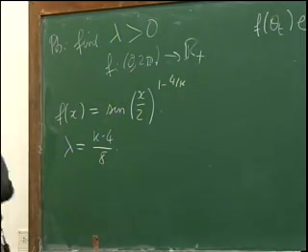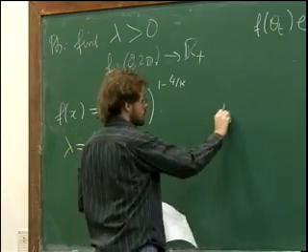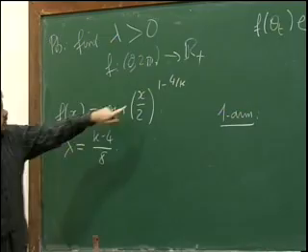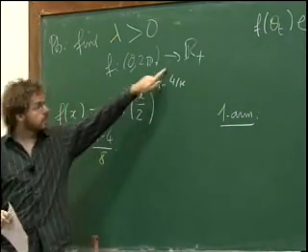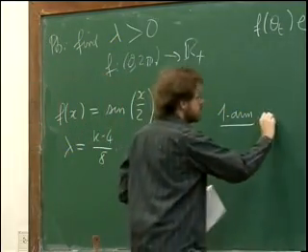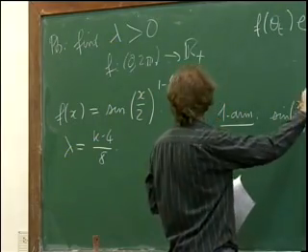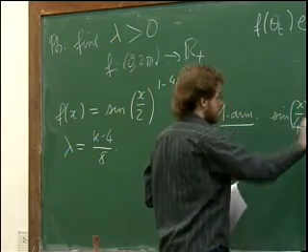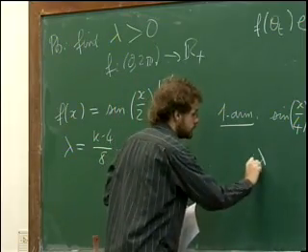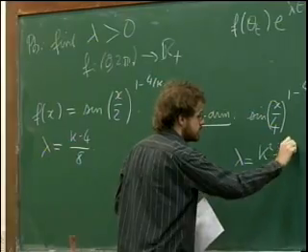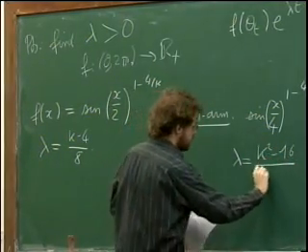For the one-arm exponent, this exponent is the same, but you will have sine of x over 4 to the power of 1 minus 4 over kappa. And the exponent lambda this time is equal to (kappa squared minus 16) over 32 kappa.